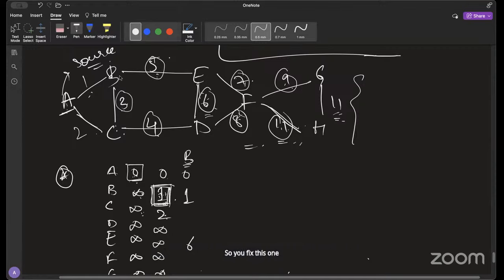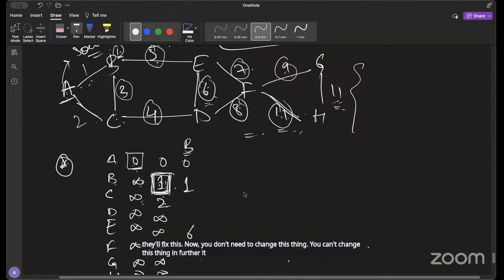What you do is you want to find the minimum distance of each vertex from A, the source vertex. So the distance here is fixed now. The minimum distance of B from A is 1. When I say that this is fixed, I mean that the distance of vertex B from A is fixed as 1. Now you don't need to change this, and you can't change it in further iterations.